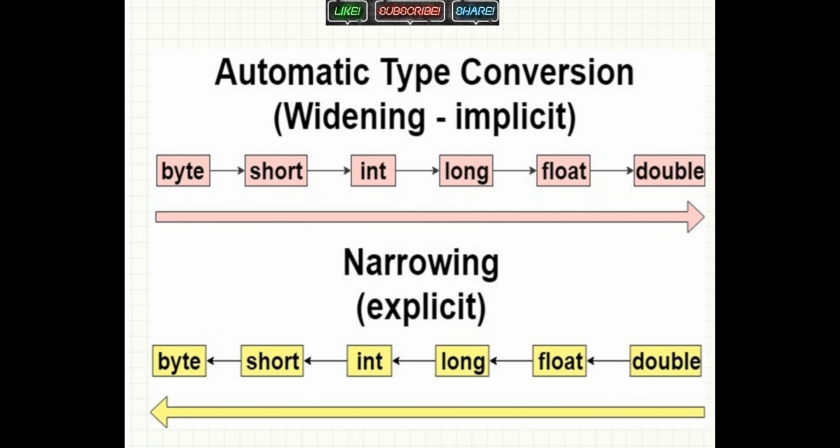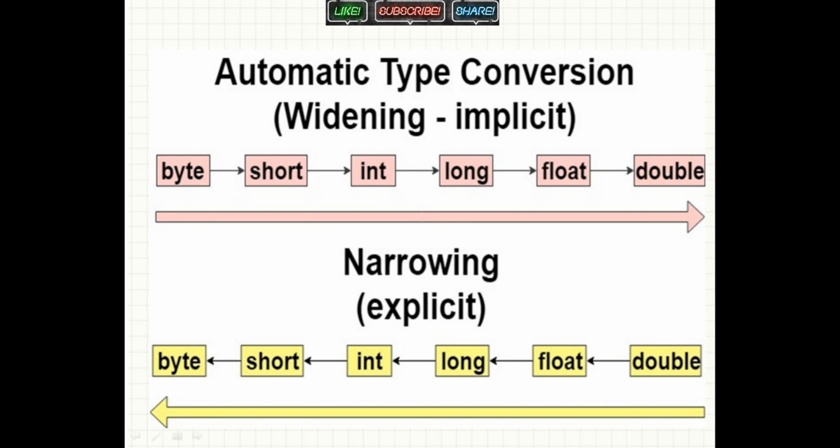Big numbers you can store in double, float, long, and int, but byte and short are small in comparison to int. Likewise, int is small compared to long, so a small thing can be placed in a big one. So this example you can always remember, so that it will be easy for you to understand whether you have to typecast it, or the program will itself complete the typecasting.